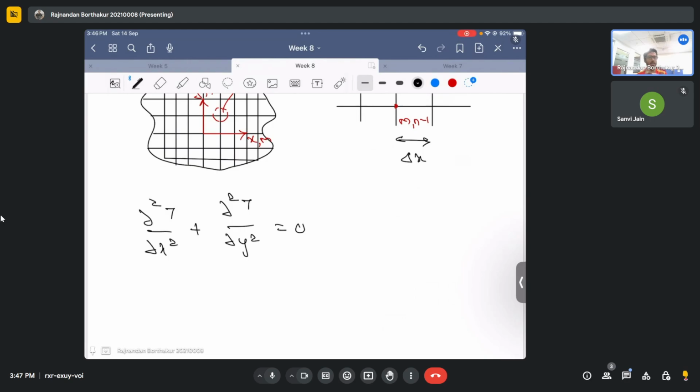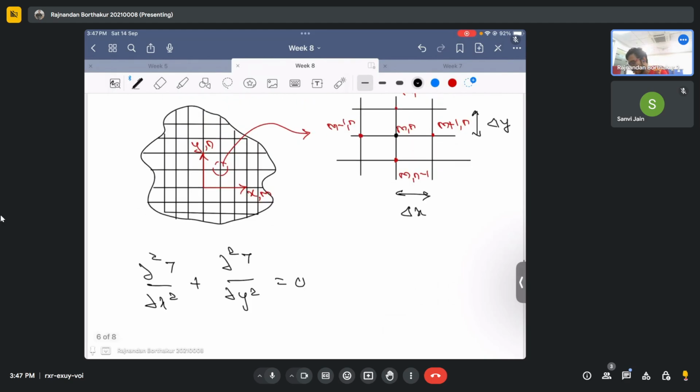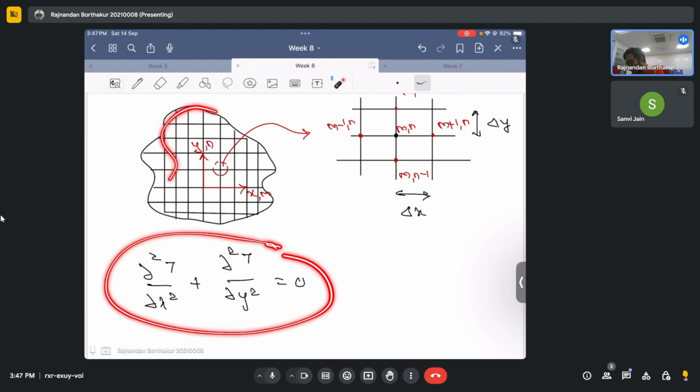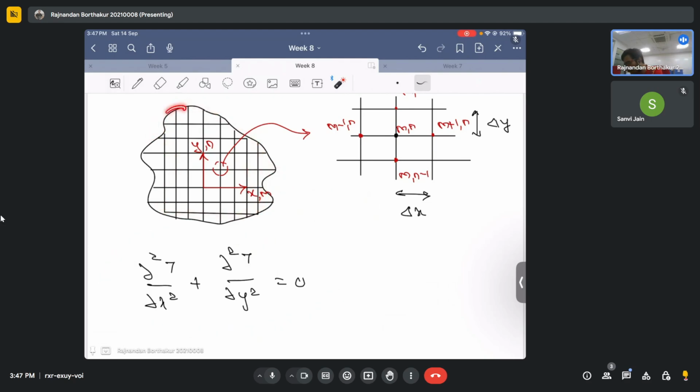Now we solved this equation, as I said repeatedly, by something which is known as the method of separation of variable. But we will not do it now. We will use the numerical method to basically solve this equation. And how this is done is, let's say you are just solving this equation for this entire body, and you want to determine the temperature field inside this entire body, provided you know some boundary condition, that you know how the temperature field would vary along its surface.